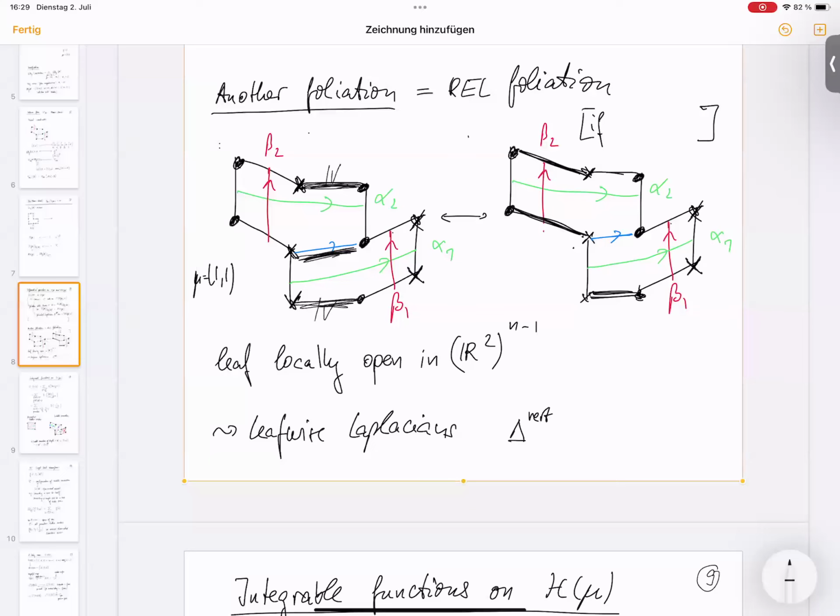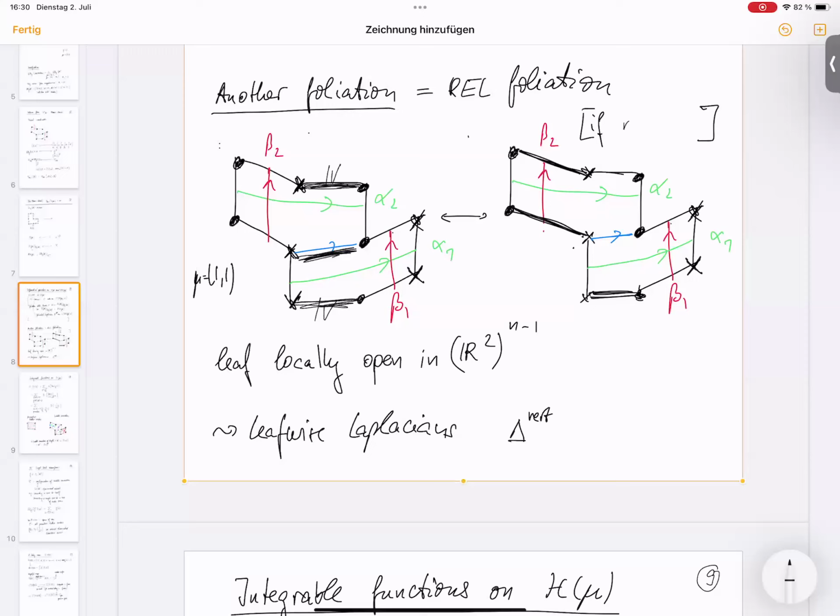I'm cutting the surface at two lines, and then I just take the two bricks and slide them with respect to each other. That sliding looks a bit like a real parameter, but you can actually do it using a complex parameter. So the sliding is locally something in R2, or more generally in R2 to the n-1, where n is the number of zeros of the stratum.